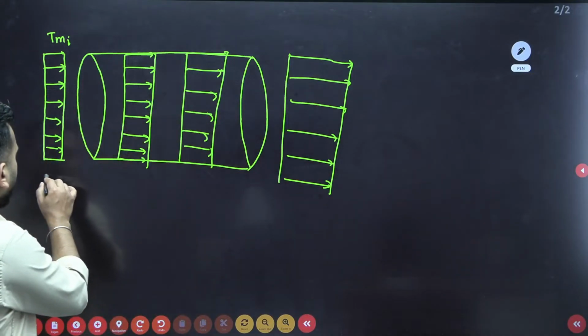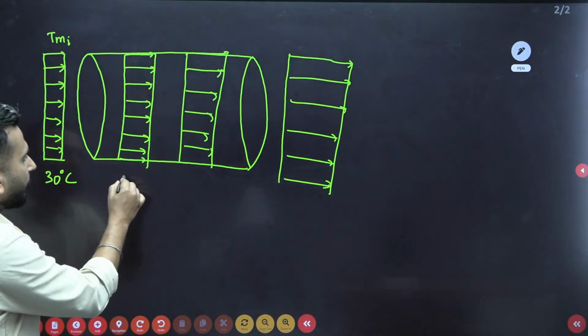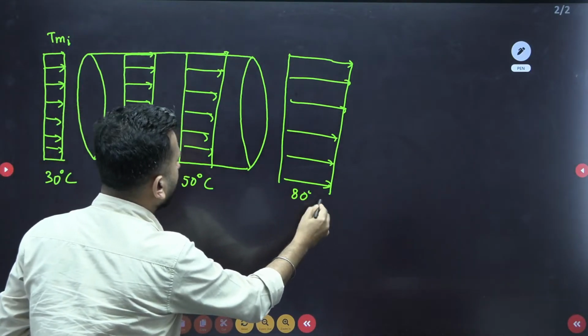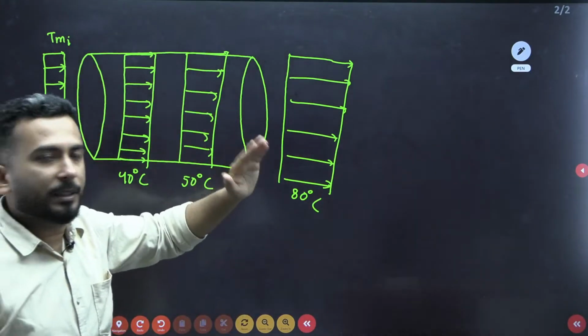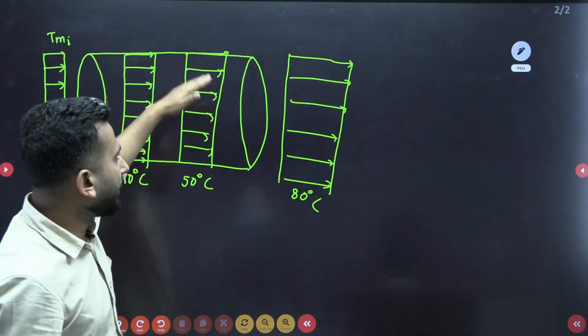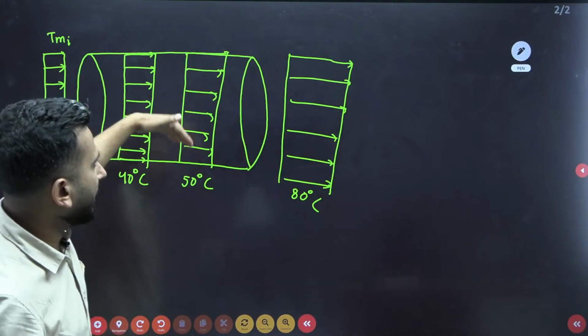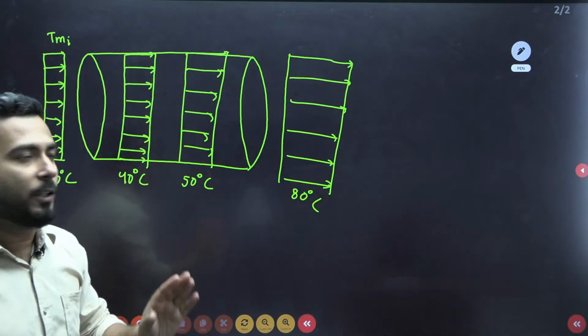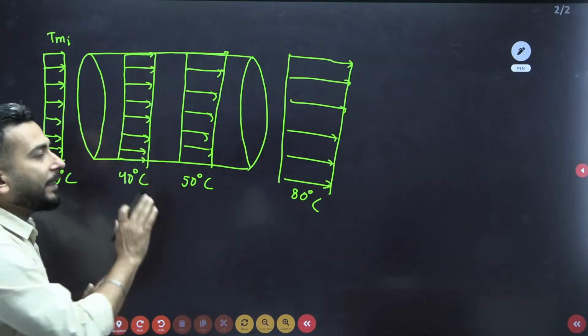For example, this is, let's say, 30 degrees centigrade, this is 40, this is 50, this is 80 degrees centigrade. But everywhere I am showing the mean temperature. At every plane, at every position from the surface, the temperature is constant. Getting? So this is the concept of mean temperature of the fluid.